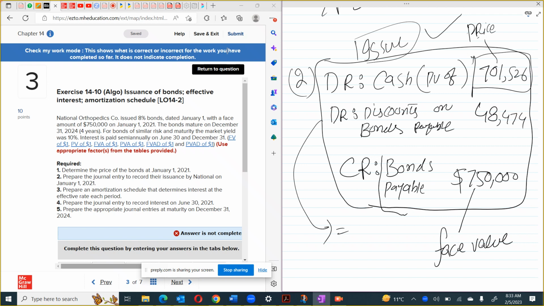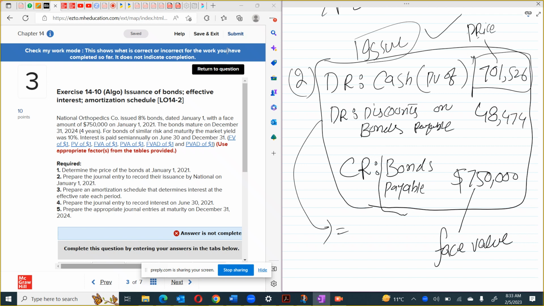Now this means the recorded interest is not the effective interest, because it's not the effective interest method. It will also be the same. Why?